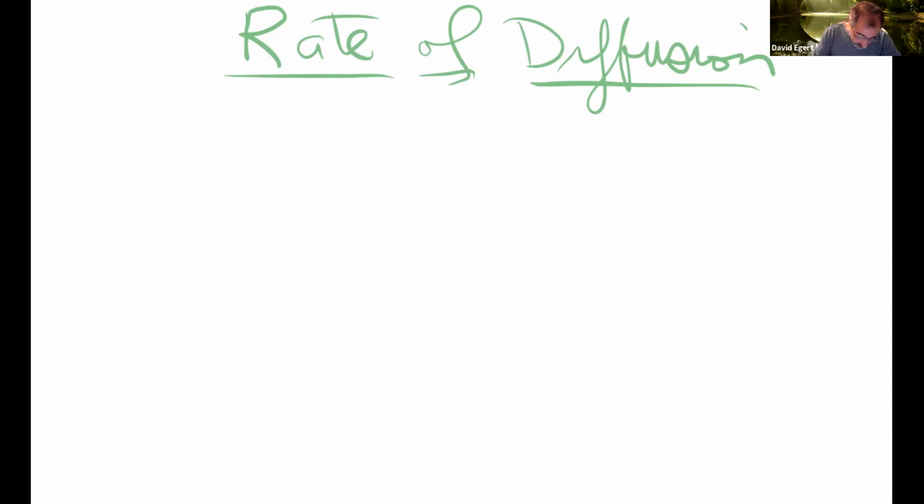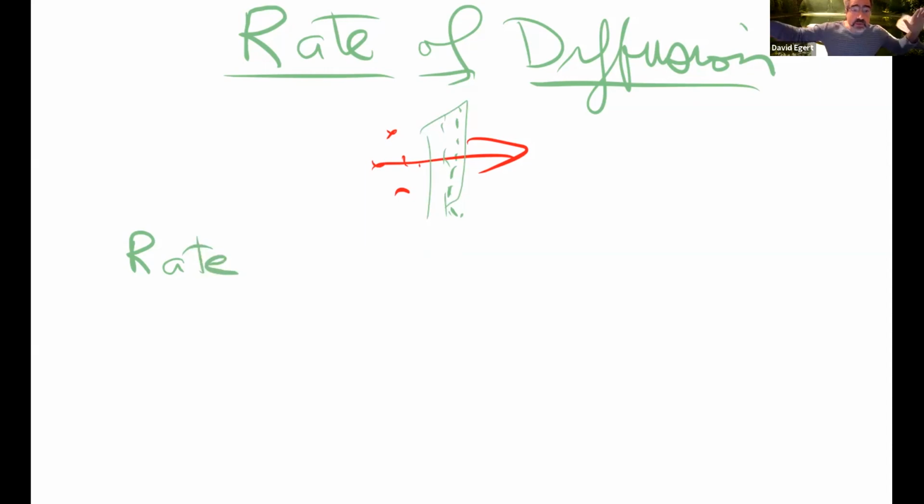So if I'm thinking about stuff moving from one side to another, and I'm curious about the rate, like how much stuff is moving per unit time, usually we use this little alpha thing as proportional to.